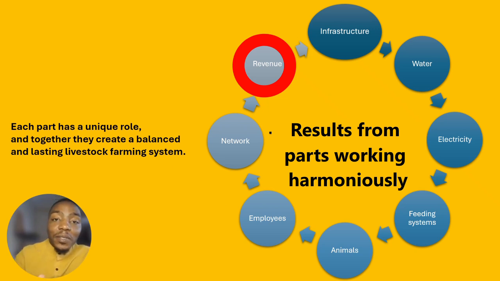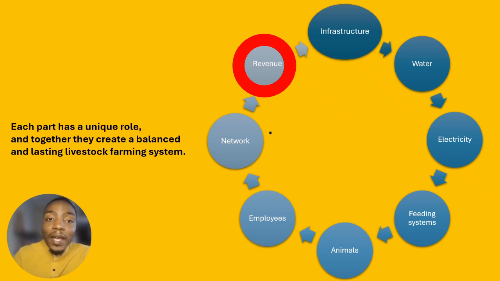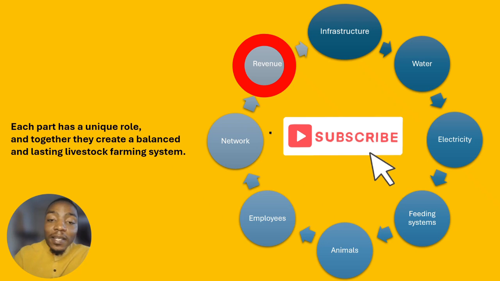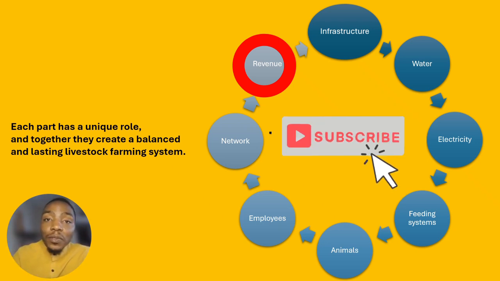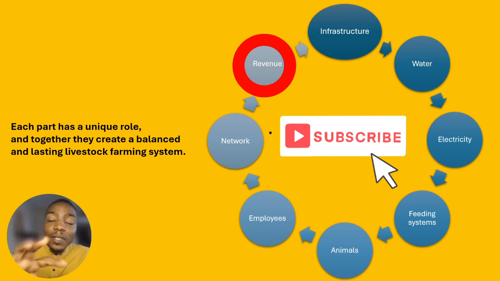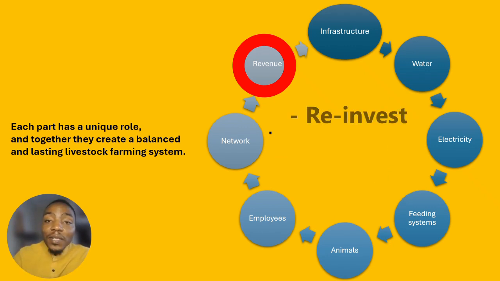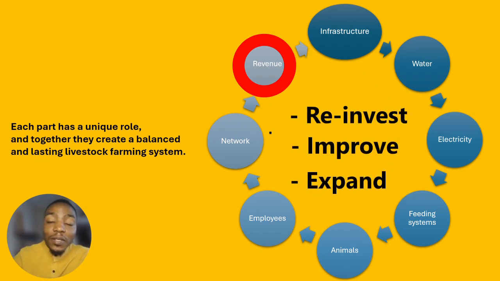So as long as each and every component is doing what it's supposed to do, then you're bound to reap the benefits of the whole system functioning to its potential. That means you can use the revenue to reinvest in your project or even improve and expand.